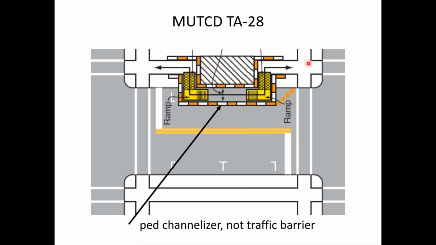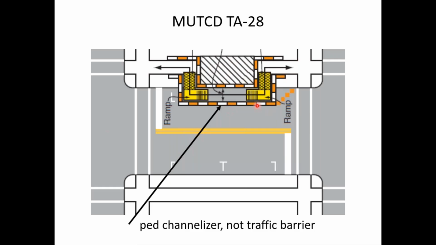Notice this typical application shows using pedestrian channelizers on both sides of the pedestrian path, and then temporary ramps to get pedestrians down to street level, and then a ramp to get them back up to the sidewalk. But I wanted to point out that what's being shown here is a pedestrian channelizer, not a traffic barrier, not a concrete barrier.